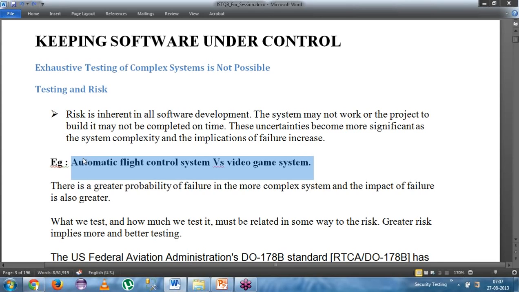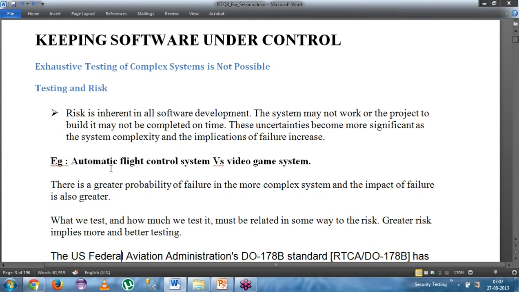The greater the probability of failure, the more complex the system is. Whereas with a video gaming system, you probably do some testing, and even if you miss something, it is not going to impact financially or put your reputation at risk. Whereas your flight control system will.